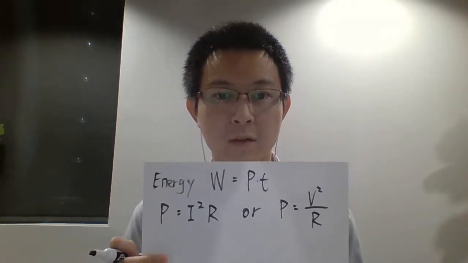And P, power, as you may have learned, equals I squared R, which is the square of the current times the resistance. Or it could be P equals V squared over R, like this.